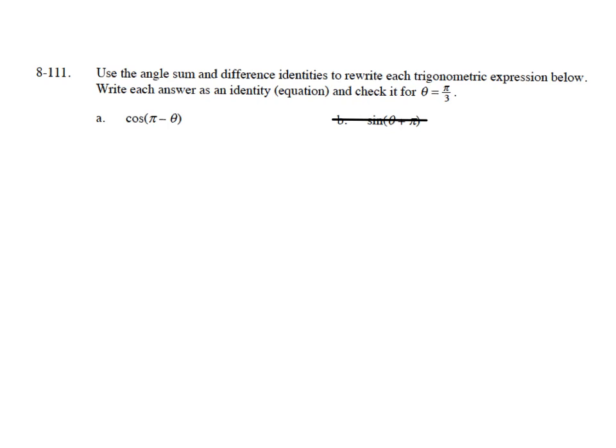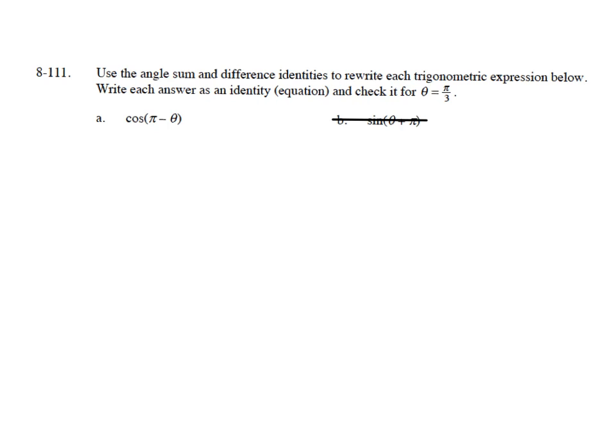Now, what we'd like you to do next is to use these to come up with some other trig expressions. So if I have the cosine of pi minus theta, what is that going to be equivalent to? Well, let's use our sum and difference identities.